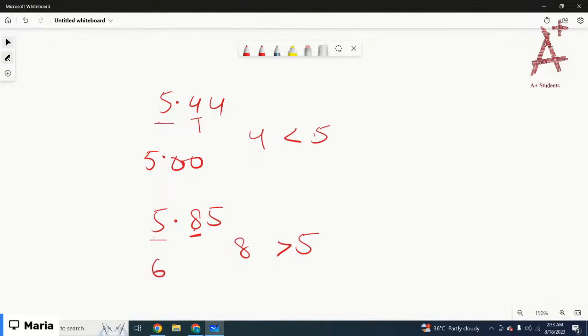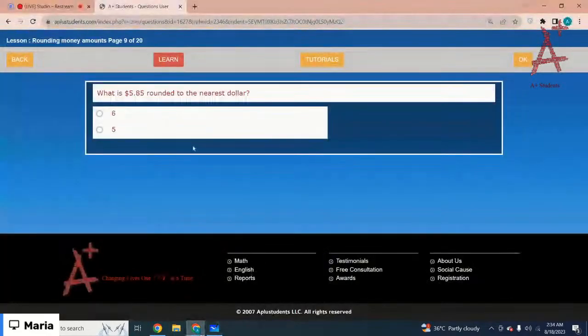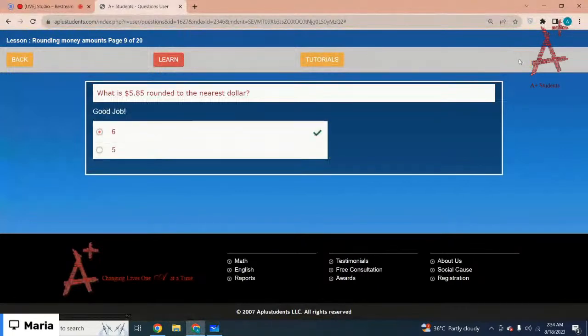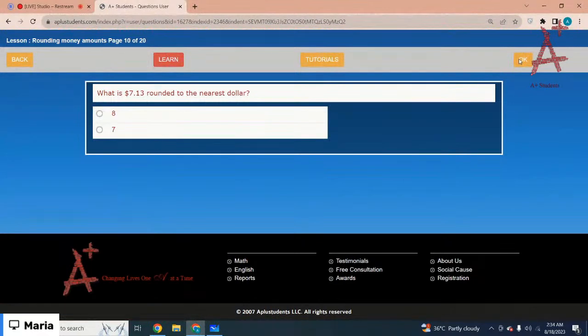Round up means you need to add 1 to the dollar, and you have to replace the other two digits with 0. So it would be rounded off to 6. Okay. Do you got it now? It would be 6. Not 600, it is just 6.